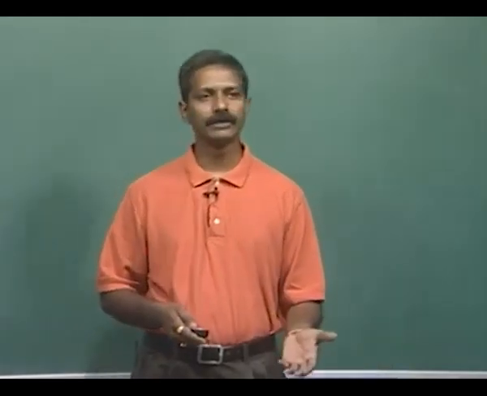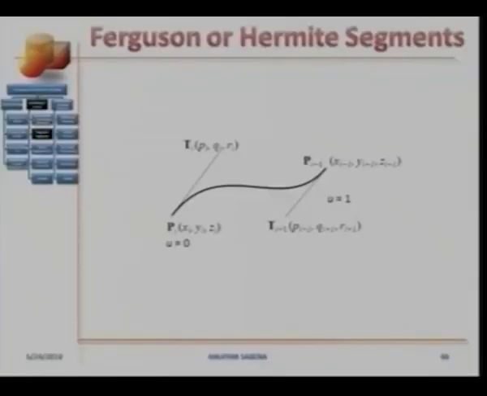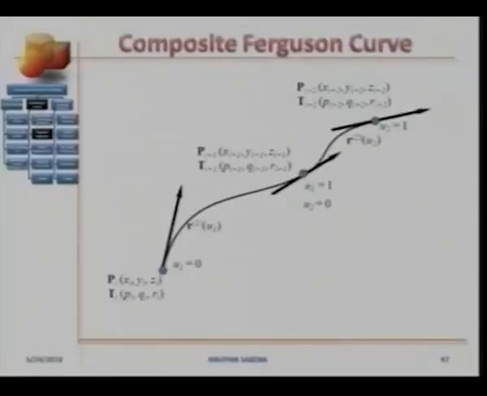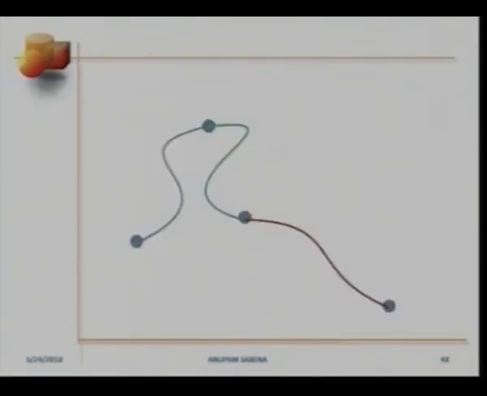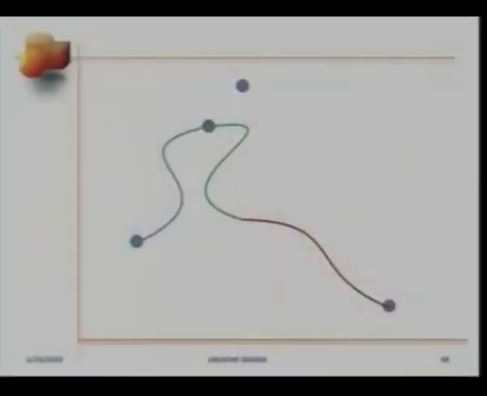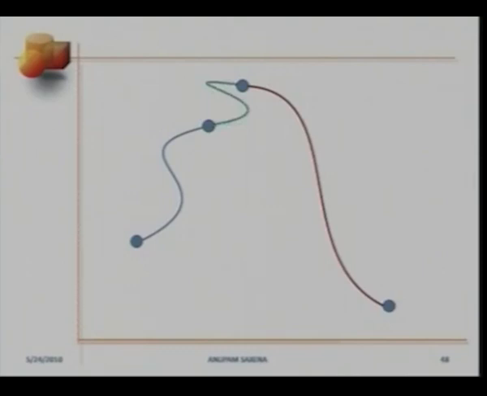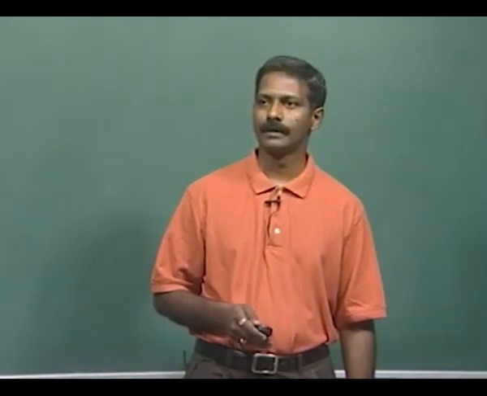We looked at Ferguson or Hermite segments to start with. We looked at composite C1 Ferguson curves. This was an example. So composite C1 Ferguson curves exhibited local control properties. So if we moved one data point, only 2 segments associated with that data point changed in shape.